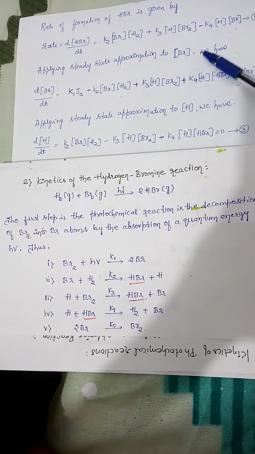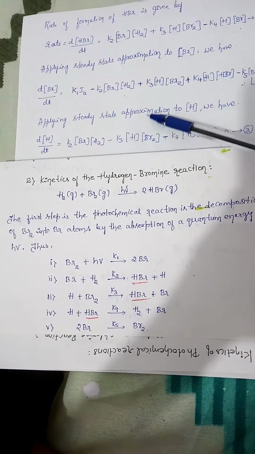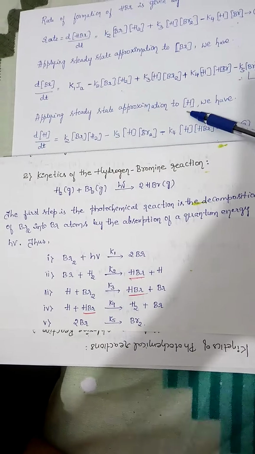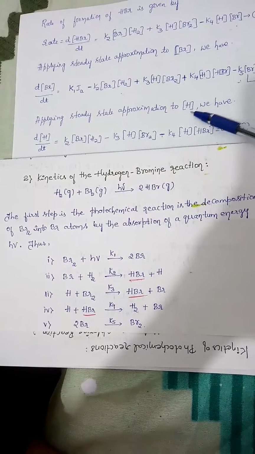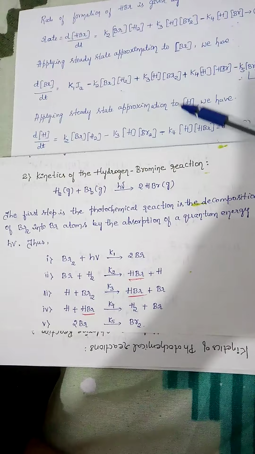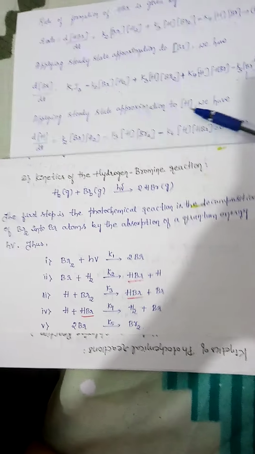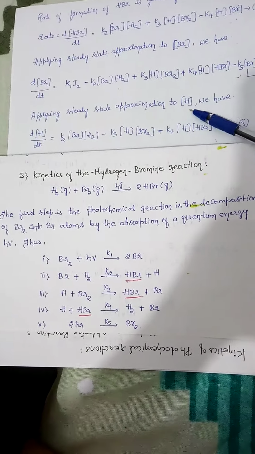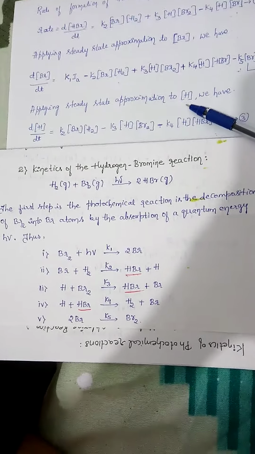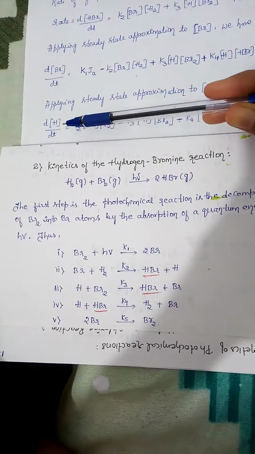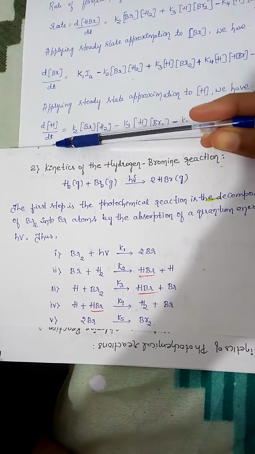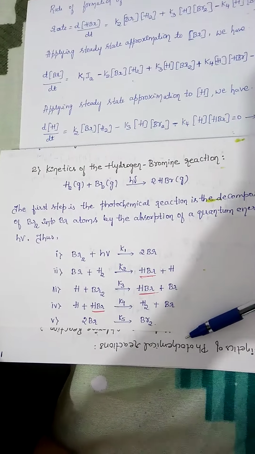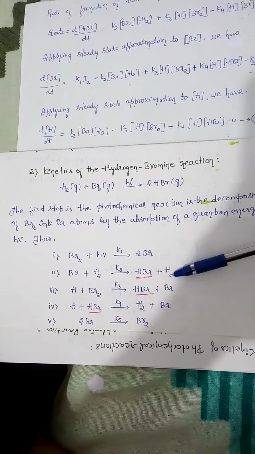In the same way, you have to apply the steady state approximation to the concentration of H. By using these 5 steps, write the equation d[H]/dt is equal to, find out where H is present.